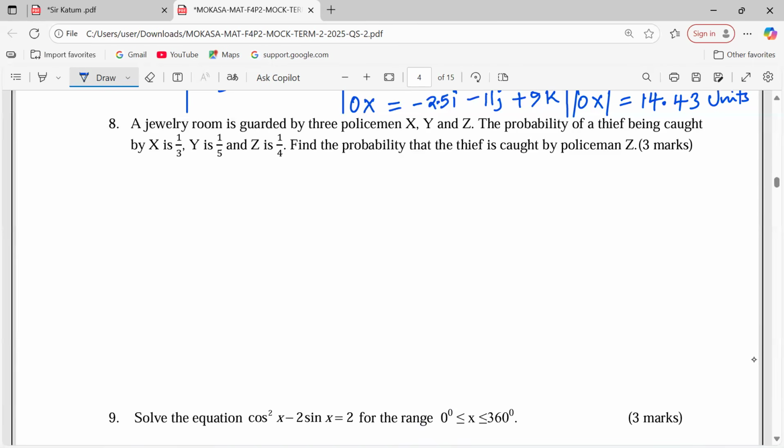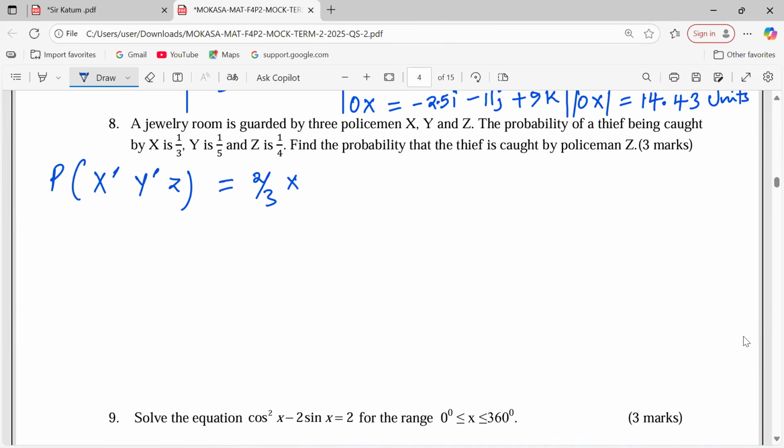Caught by policeman Z. Being caught by Z means the probability that X will miss, Y will miss, but Z catches them. Being caught by X is a third, so being missed by X becomes 2/3.